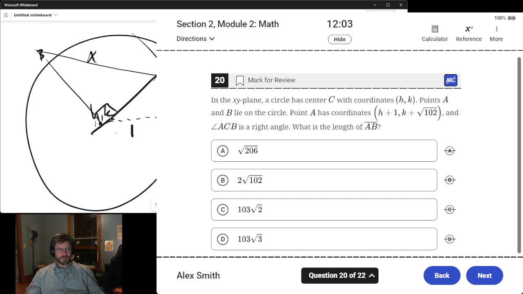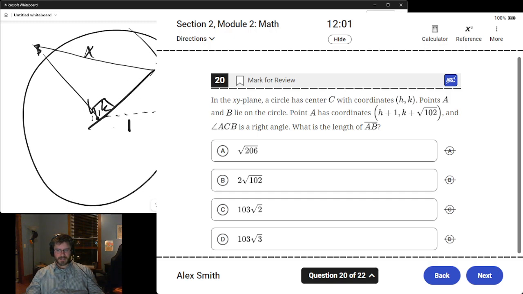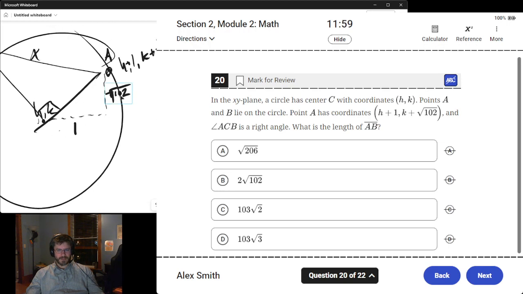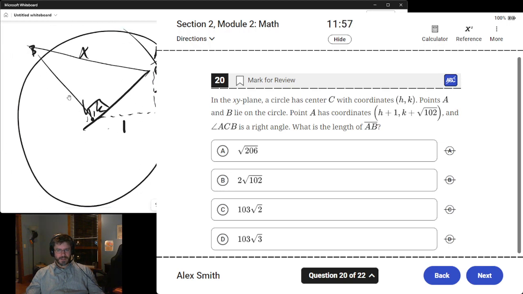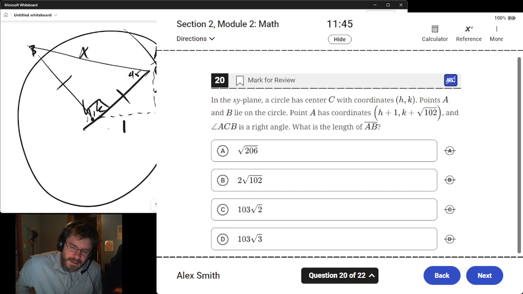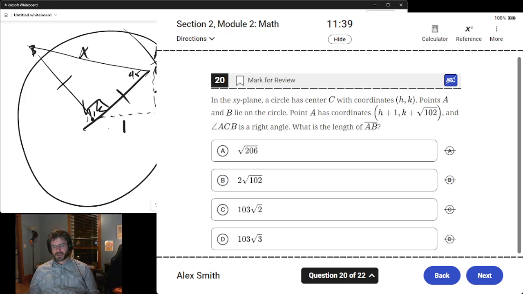I can find the base right here really easy by using the Pythagorean theorem on that. 1, root 102. And that's the radius, so these should be the same. It's a 45, 45, 90 because those bases are both radii. So as soon as I find the radius, I can multiply it by root 2 and get the answer.